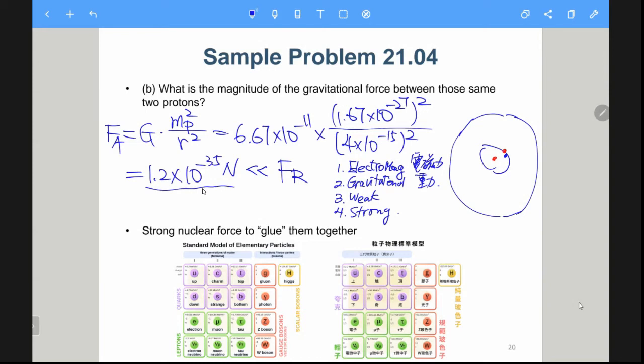So there were the weak force and the strong force. You will not learn them in this course either, because they are hardcore physics. These two kinds of force only act between fundamental particles. For the hardcore physics, we have the standard model of elementary particles, known as the quarks and leptons.